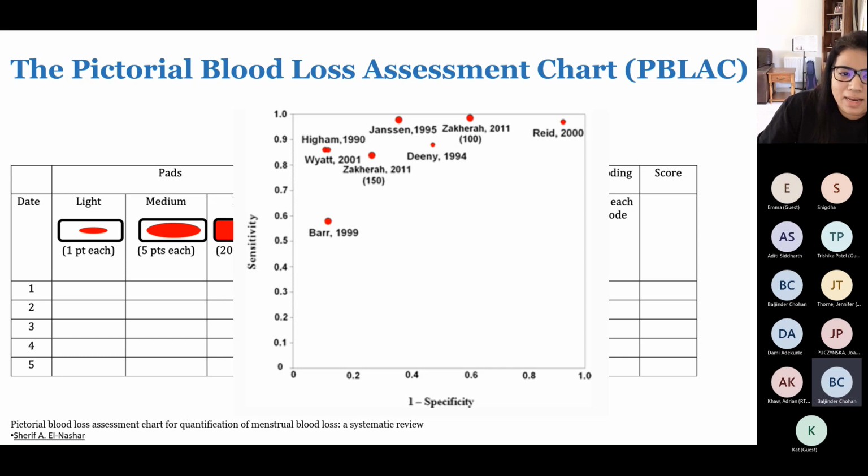But by looking at this curve, we can be assured that if we use this pictorial blood loss assessment, most likely we're getting the truth out of the patient. Sensitivity ranges from 58% to 98%, and specificity up to 97% on a good day. Does that make sense? Yes, it does. Okay. Any questions for me so far?